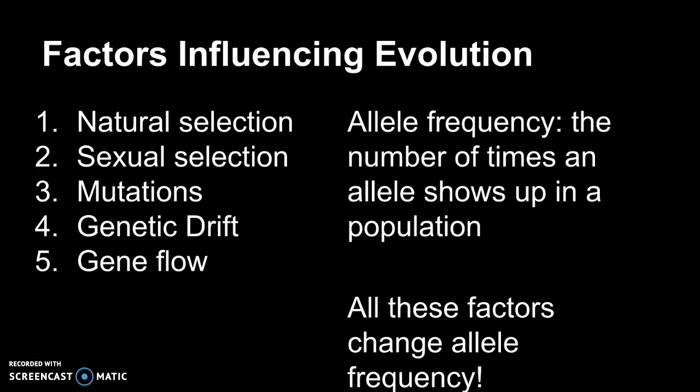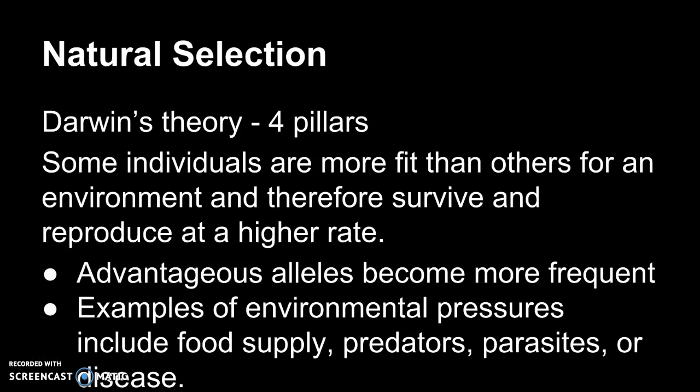And is it becoming more and more frequent or less and less frequent, or is it just kind of staying steady? And we're going to look at how natural selection, sexual selection, mutations, genetic drift, and gene flow can all affect this allele frequency.